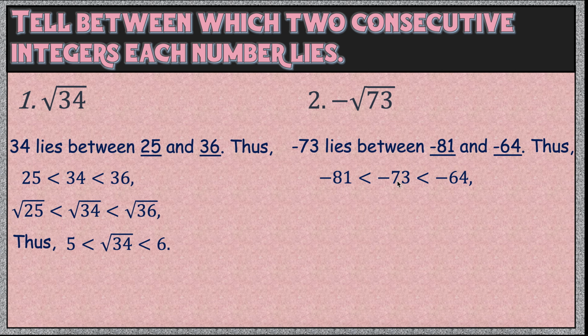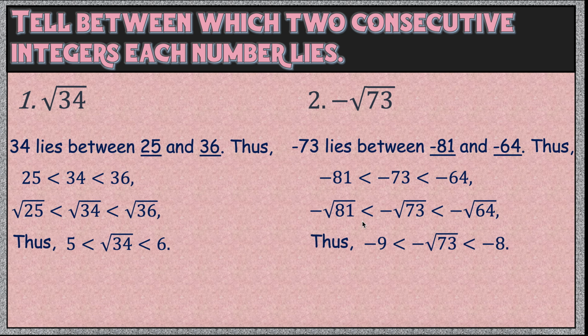So get the square root of 81, which is 9. Then the square root of 64 is 8. Then attach the negative sign. So the negative square root of 73 is between negative 9 and negative 8. That is the answer.